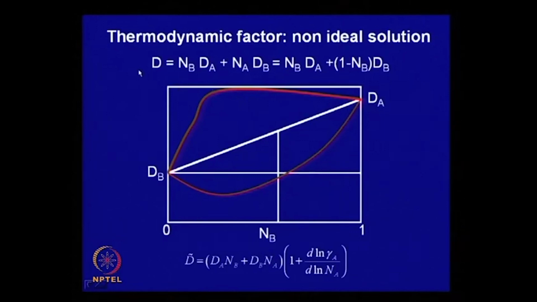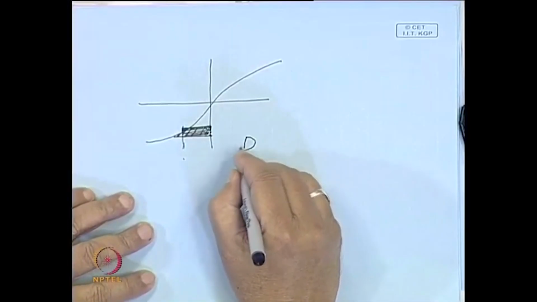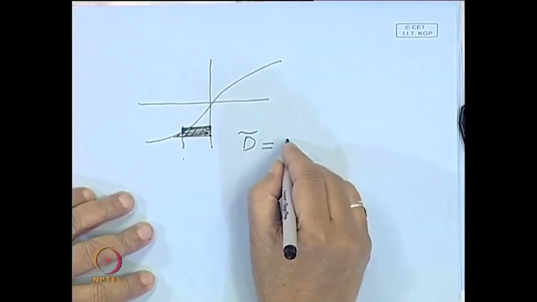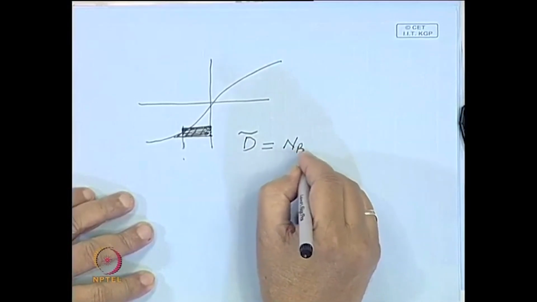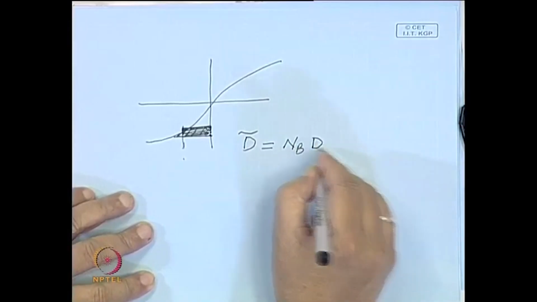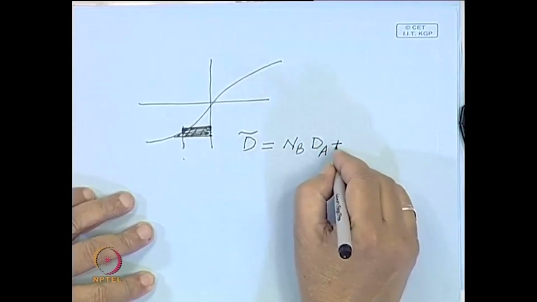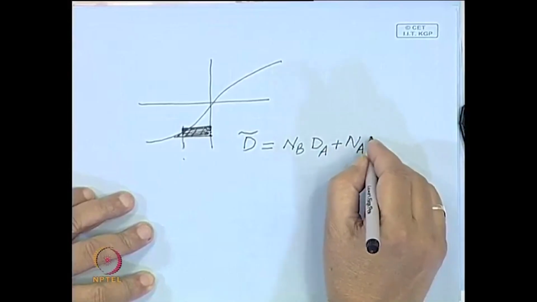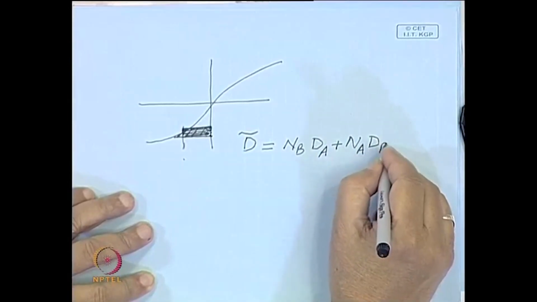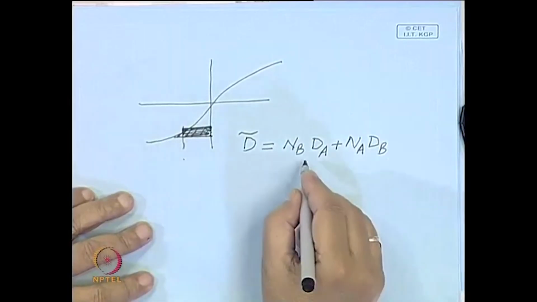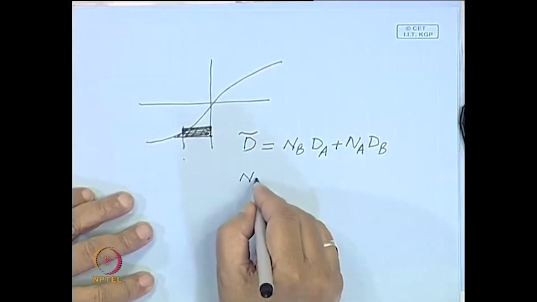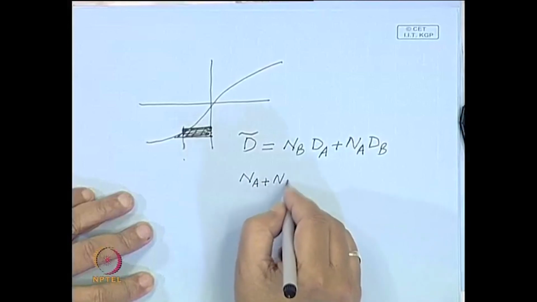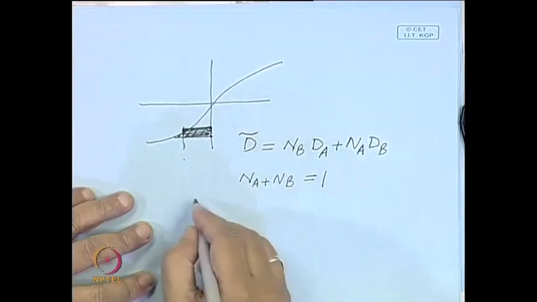Now, when we derived the Darken equation, you will recall that the interdiffusion coefficient was derived as N_B times the diffusivity of A plus N_A times the diffusivity of B. Here we know that N_A plus N_B equals 1.